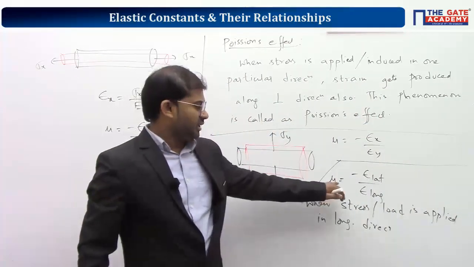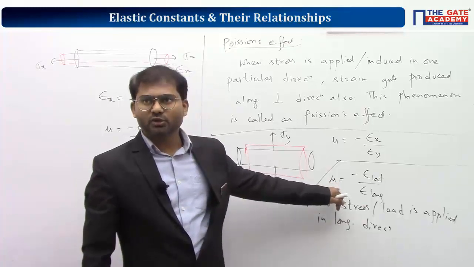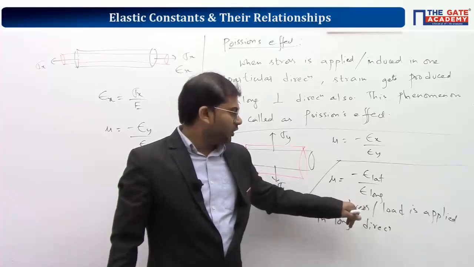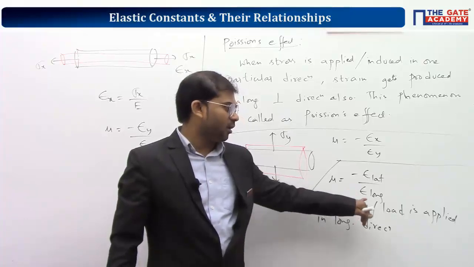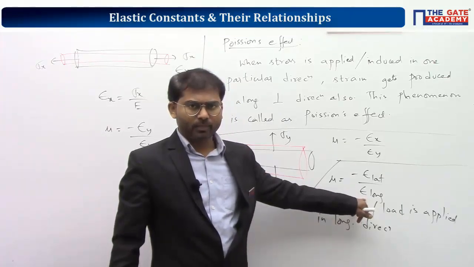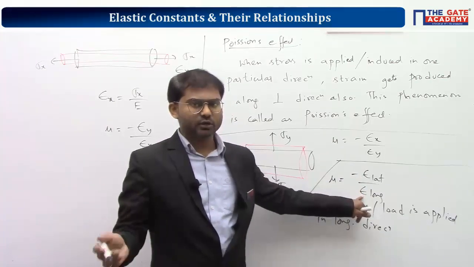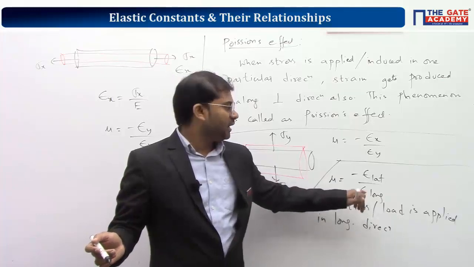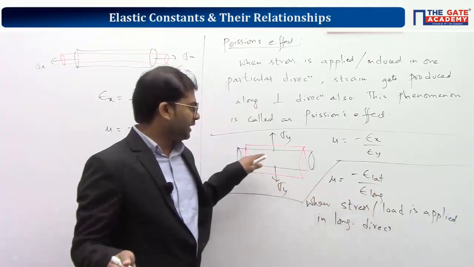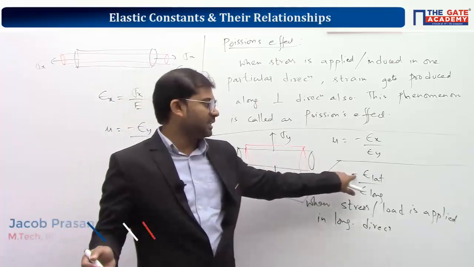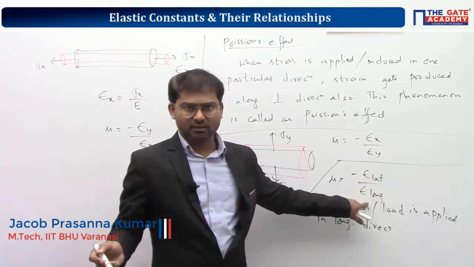We always see the formula for Poisson's ratio like this, minus lateral by longitudinal, but the condition is that load or stress should be there along the longitudinal direction. If you have a scenario where stress is induced in the transverse or lateral direction, then Poisson's ratio becomes minus epsilon longitudinal by lateral.